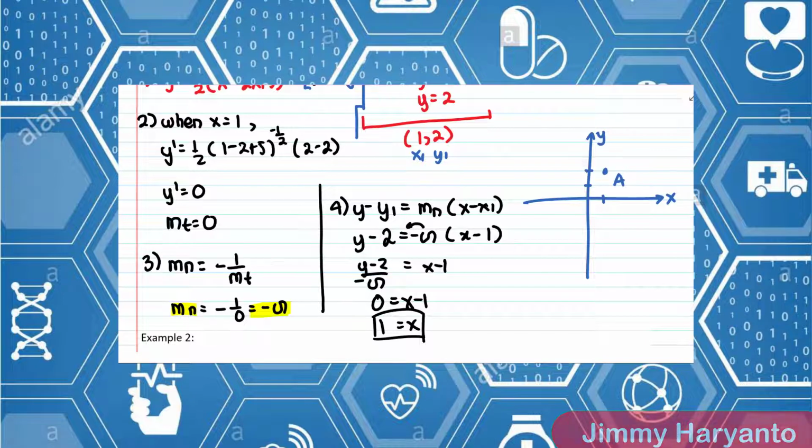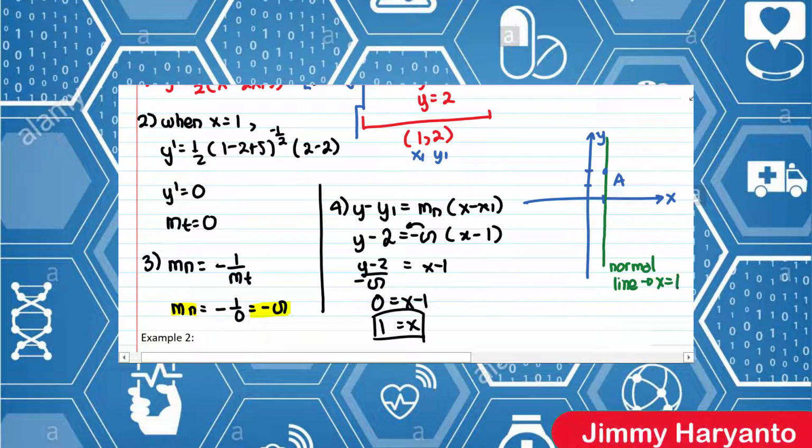So you have to draw the normal line like this. As you can see, the normal line lies on x equals 1. So the normal line is x equals 1. You can think like that also.